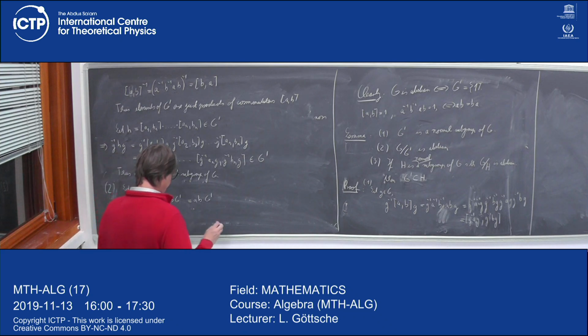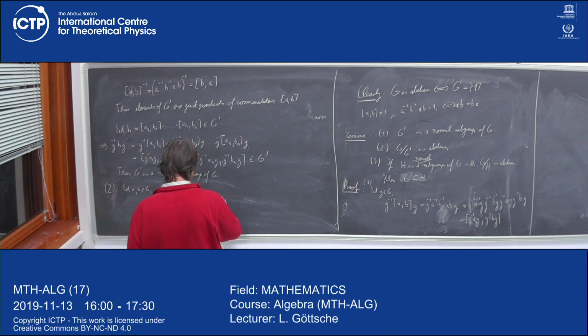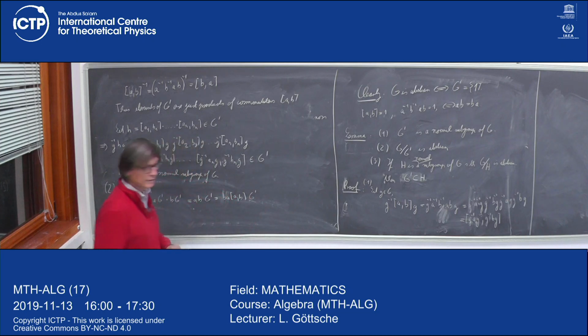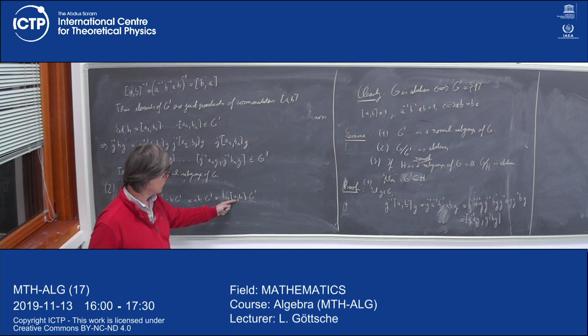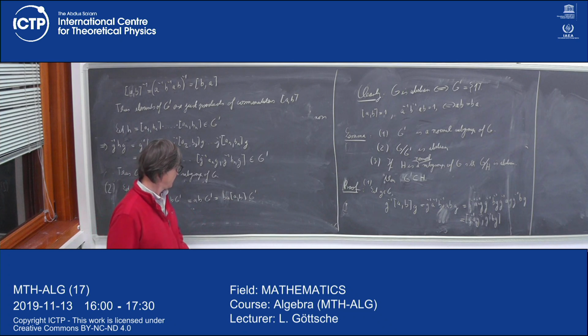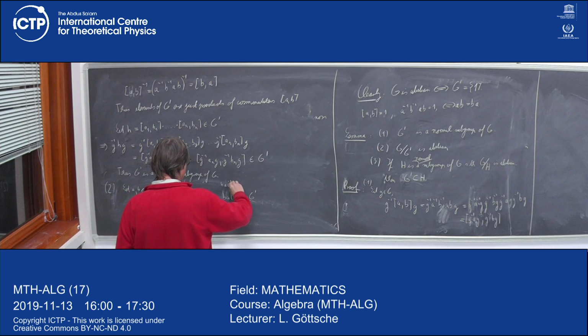But now this ab I can write as ba times a^-1 b^-1 ab, and these cancel.